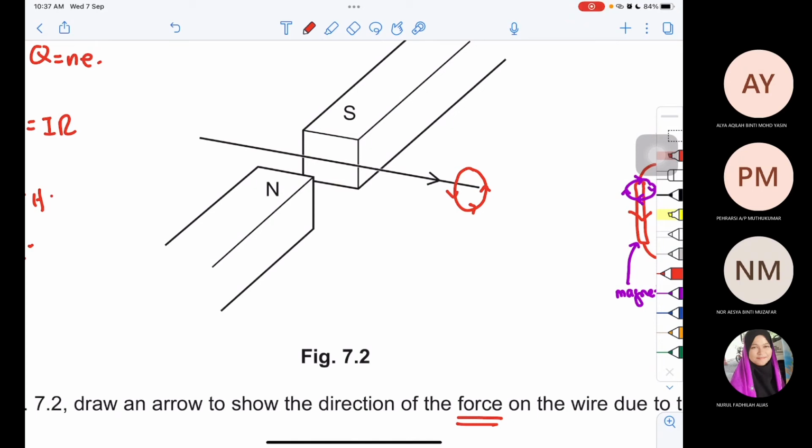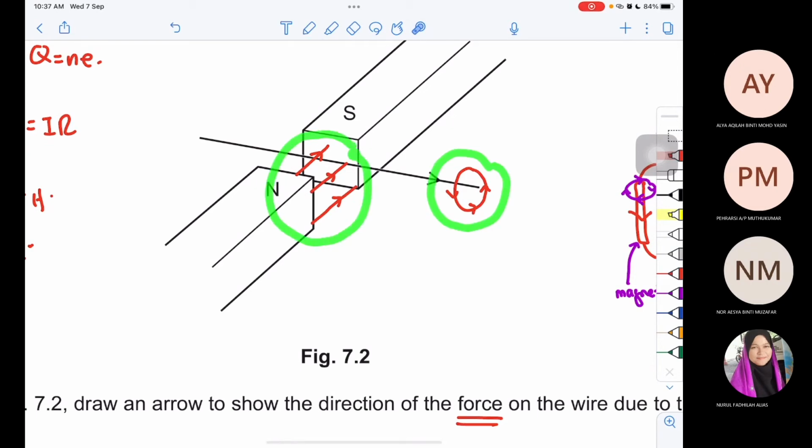And then we also have the magnetic field north to south. So now we have two magnetic fields interacting. This one is the magnetic field due to the wire. This one is the magnetic field due to the magnets. So they interact. When they interact, that creates force.